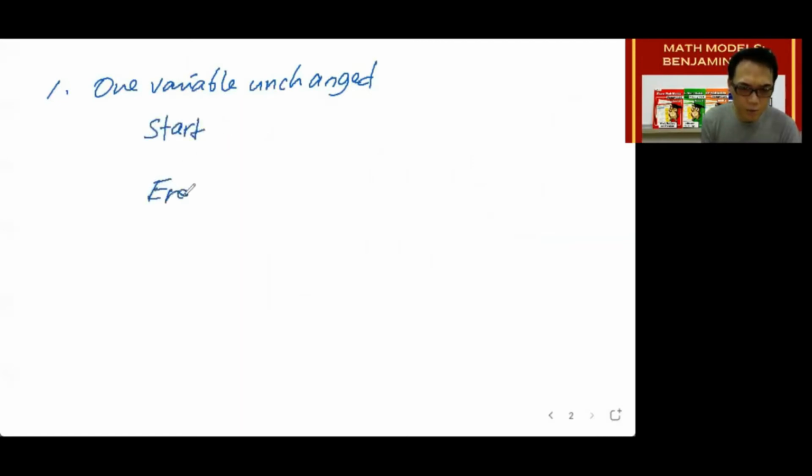and an end scenario where you'll be given 2 variables, A and B. In this type of questions, only one of the 2 variables, A or B, will be changed. A simple example would be to use boys and girls. Let's say we are talking about boys and girls in a school hall.